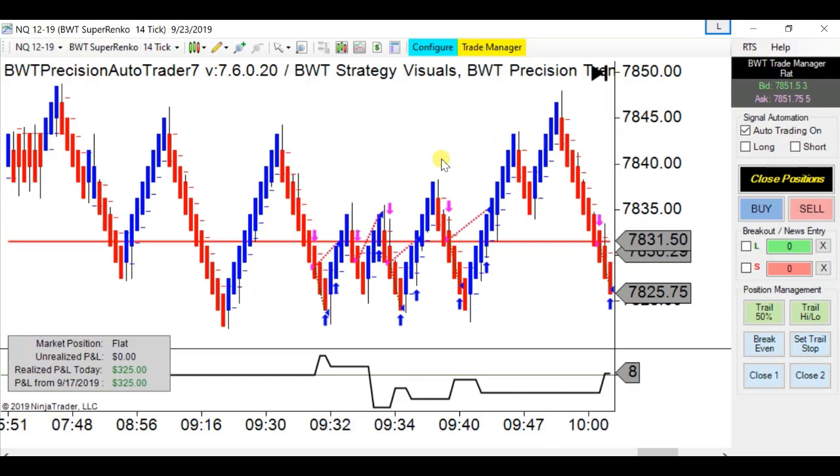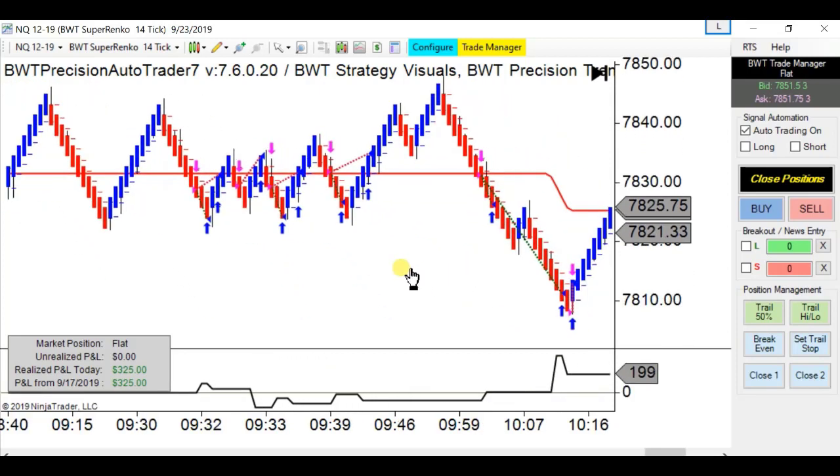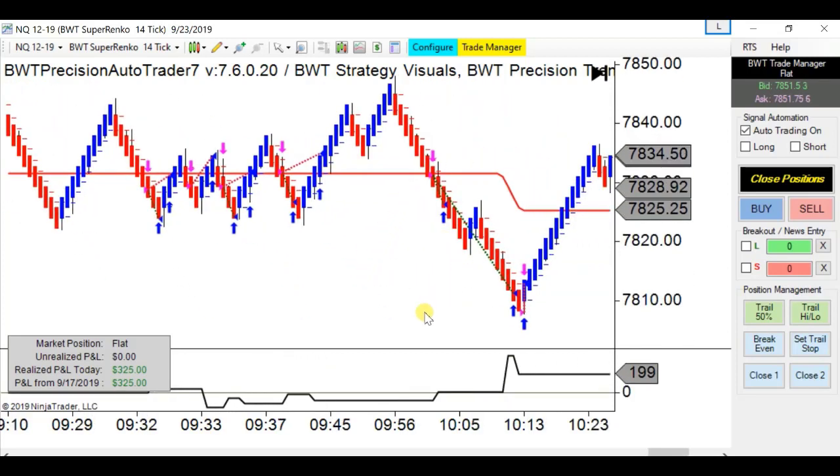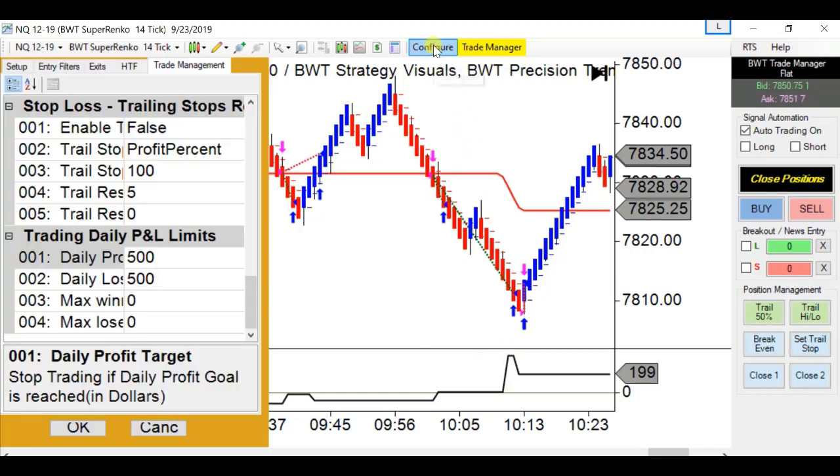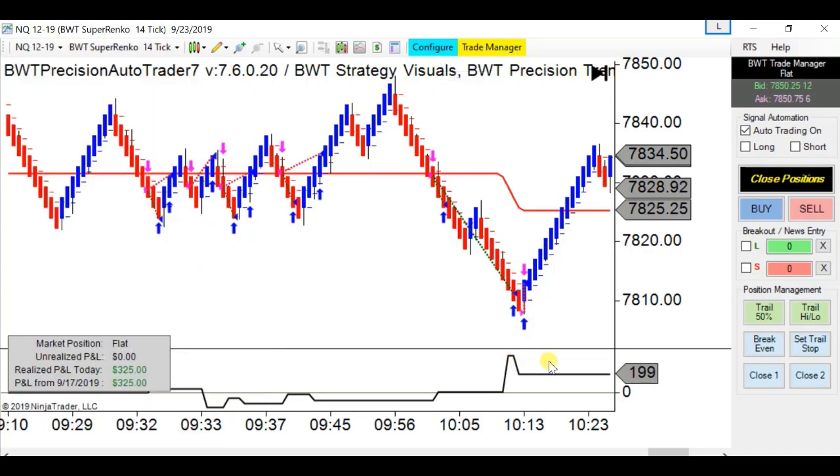And yeah, so obviously the morning was extremely tough. But even if you look at this, as bad as the price action was, and this is as choppy as you can get, the drawdown was not horrendous. And then it just waited for this nice short and made everything back. As a matter of fact, I think I was up over $400 out of the 500 that the target is. I was up 400 and change.